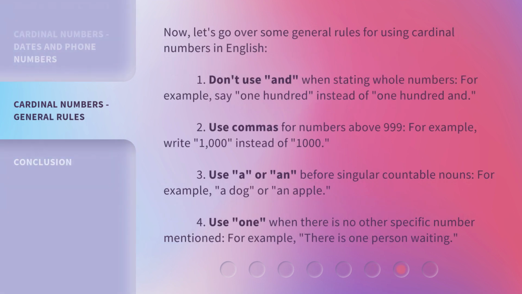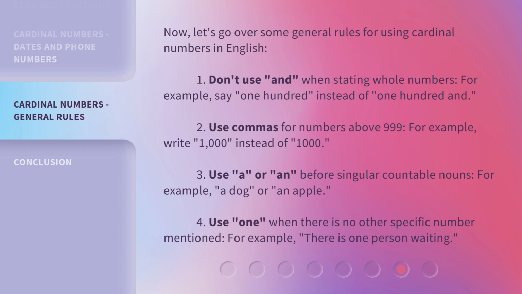Now, let's go over some general rules for using cardinal numbers in English. 1. Don't use and when stating whole numbers. For example, say 100 instead of 100 and. 2. Use commas for numbers above 999.